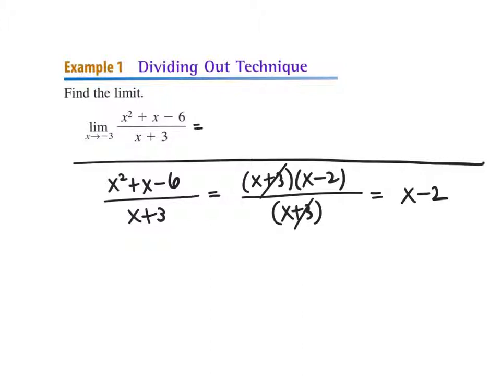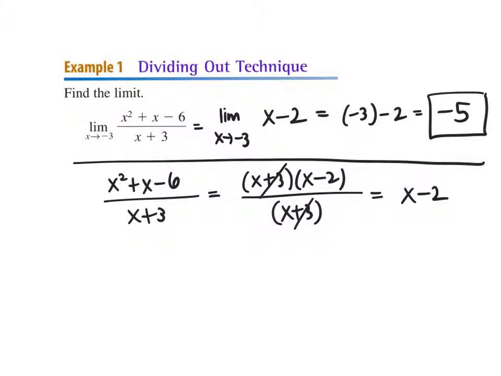So I'm going to go ahead and rewrite this as equaling the limit as x approaches -3 of x minus 2. And now I can directly substitute. When you use up that number, when you directly substitute, that's when you can drop that limit notation. So we get -3 minus 2, and our answer is -5.